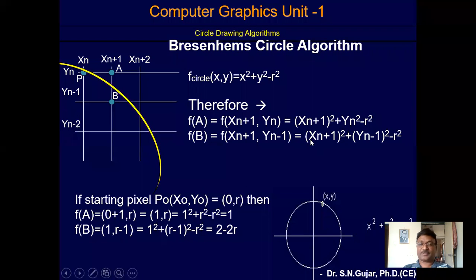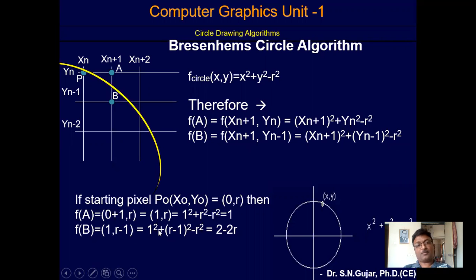Now, 0 plus 1 whole square becomes 1 square, which is 1. This is xn plus 1. And yn is r, so r minus 1. So this is 0 plus 1, and this is r minus 1.